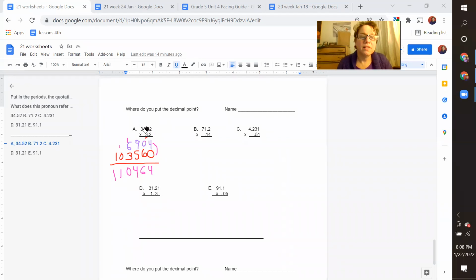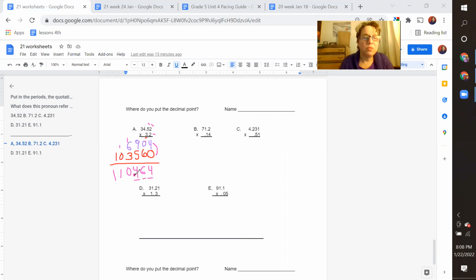So I'm going to erase those carrying marks and look at this. How many decimal places do we have? We have 2 right here, the 5 and the 2, and we only have 1 here, which is the 2. So we have 3 numbers behind the decimal point, so my answer needs to have 3 also. 1, 2, 3.